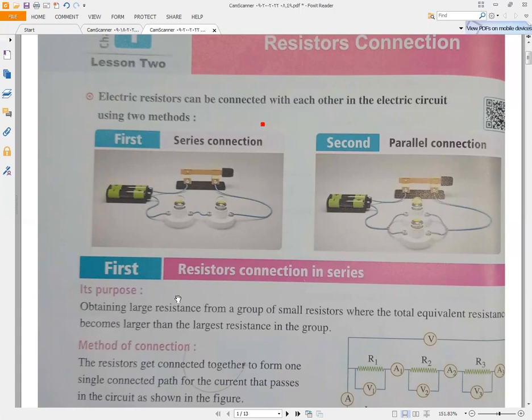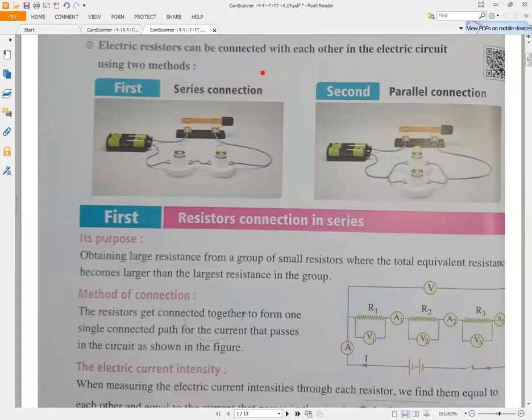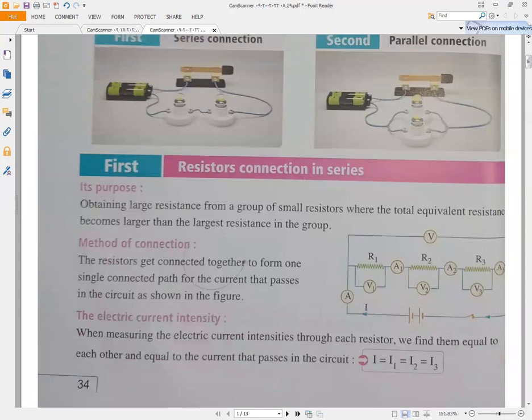For example, if R1 equals 2 ohm, R2 equals 3 ohm, and R3 equals 5 ohm, the summation will be more than 5 ohm. Why? Because the equivalent resistance equals the sum of these resistances.